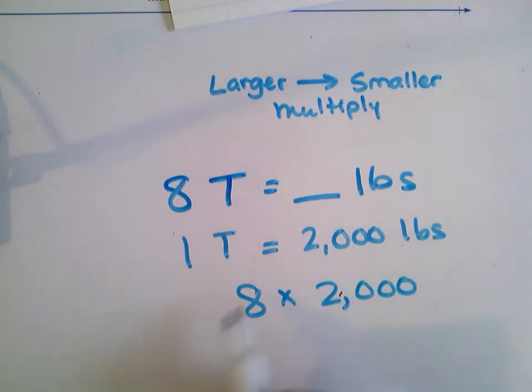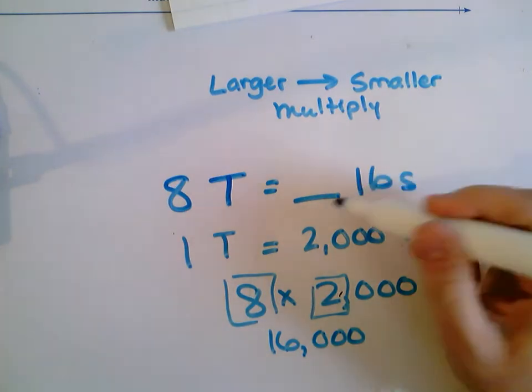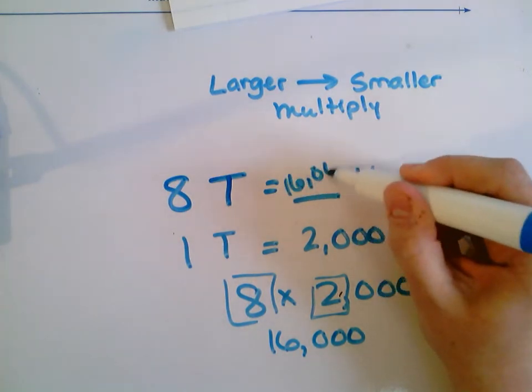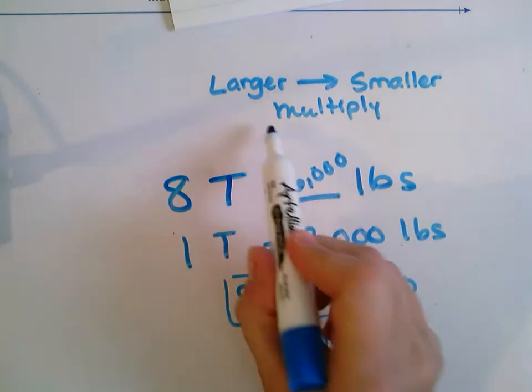Use that basic fact trick. 8 times 2 is 16. And then 3 more zeros. So 8 tons is 16,000 pounds. Okay, so to go from tons to pounds, we're going to multiply.